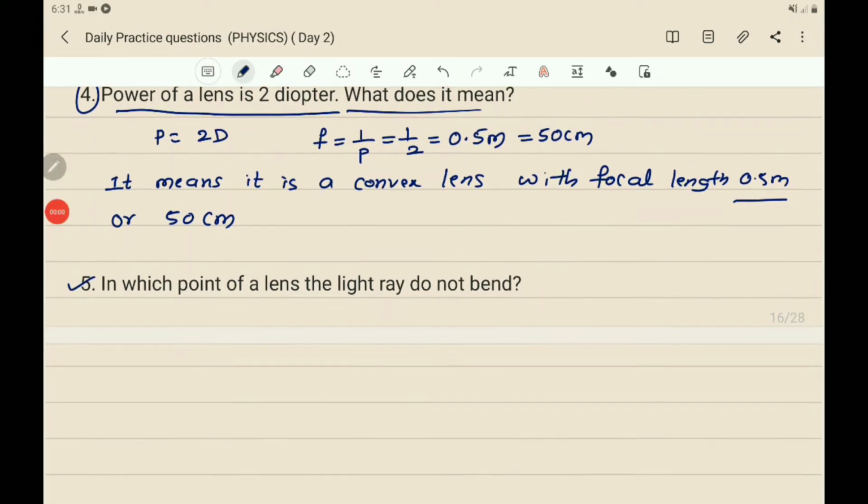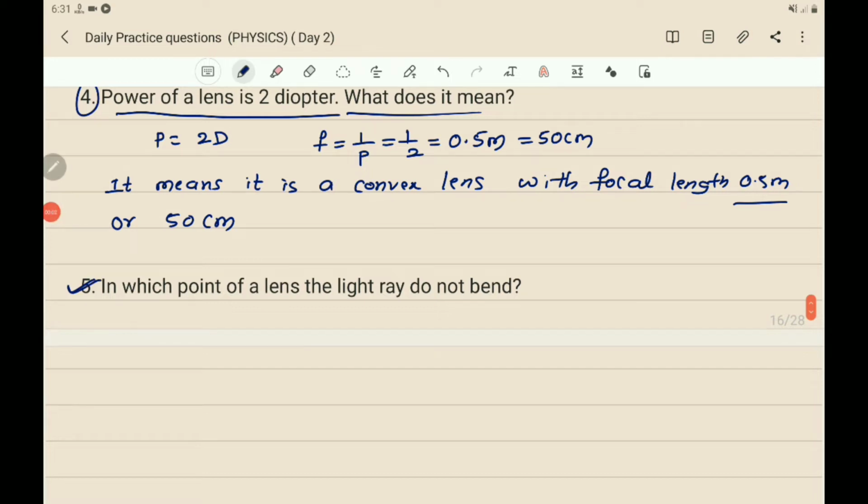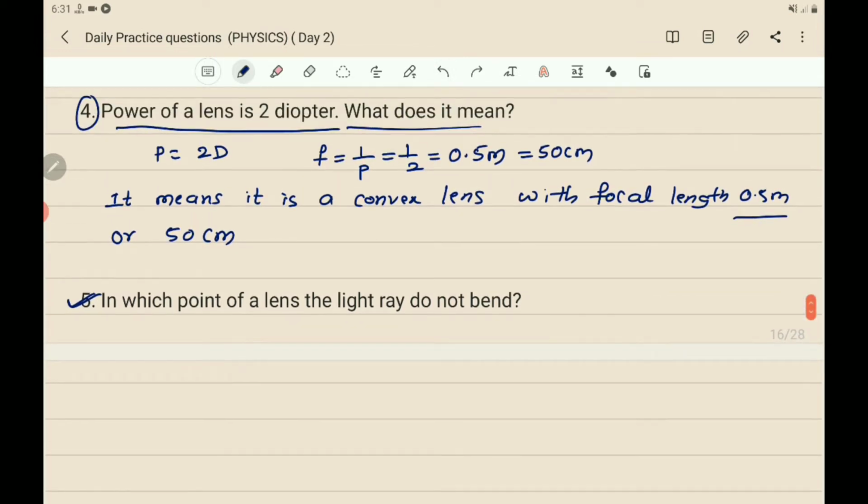Next, so we take the fifth question. In which point of a lens the light ray do not bend? So what is the question? In which point of a lens the light ray do not bend? So you write that here it is already known that through the optic center of a lens the light ray do not bend. So the ray which passes through the optic center of a lens do not bend, so do not undergo refraction.